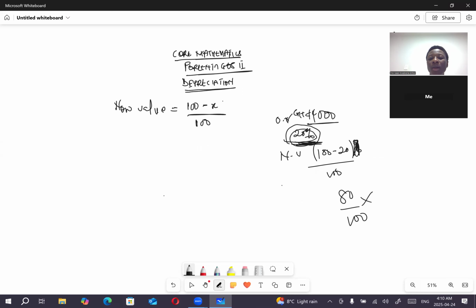Then you multiply by the original cost of the machine, and you'll be able to know the actual value it has depreciated to. So, times original value.